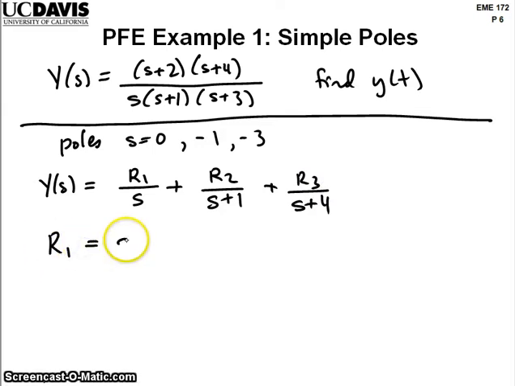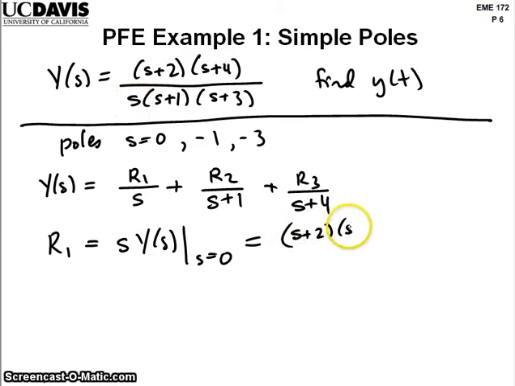R1 is going to be equal to s times Y of s evaluated at s equals 0, because that's what the first pole is. So let's do this calculation. When I take Y of s and multiply by s, I eliminate the first term in the denominator.